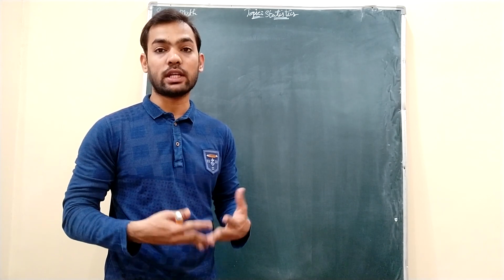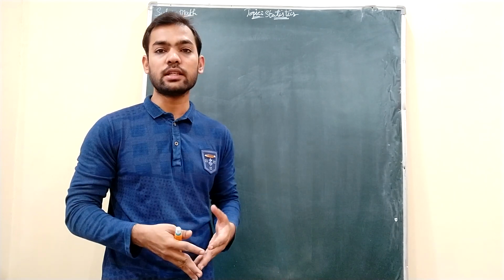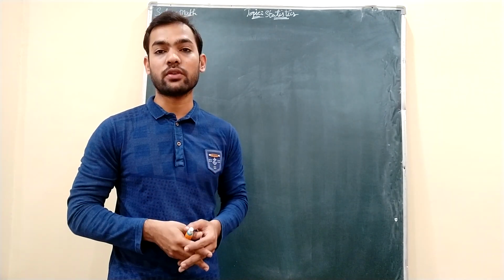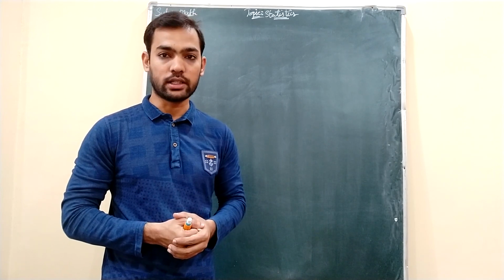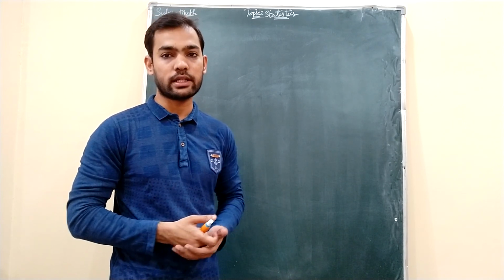Now today we will see what is median. Median is nothing but the middlemost observation in a data if the data is arranged in an order, either ascending order or decreasing order.